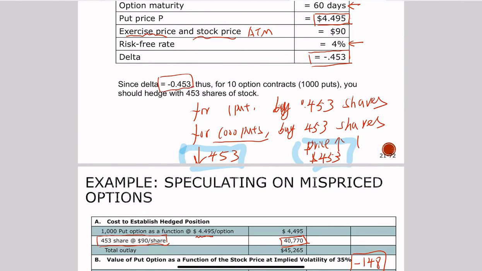However, you can imagine if stock price changes to $91, the delta will not be 0.453. The delta you get at the price of 91 will definitely change, which means the original hedging portfolio based on this delta will not be a perfect hedging portfolio if stock price deviates from $90, right?